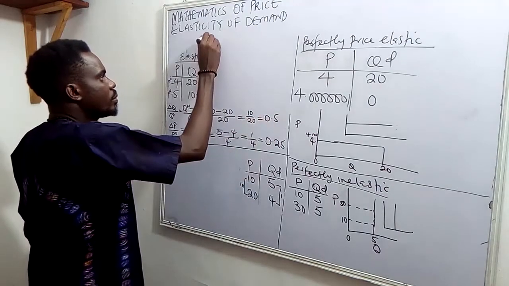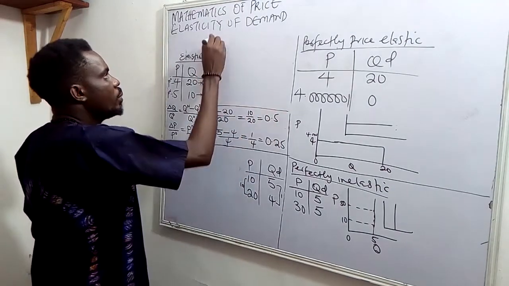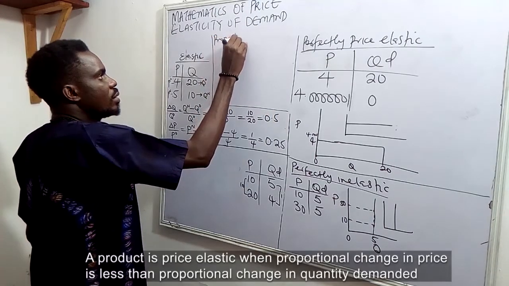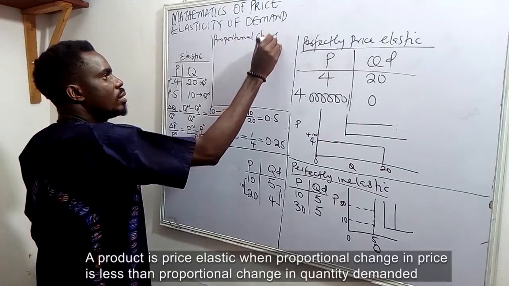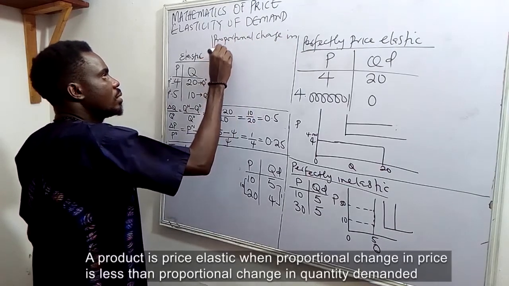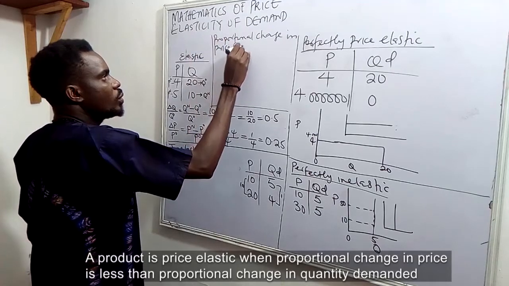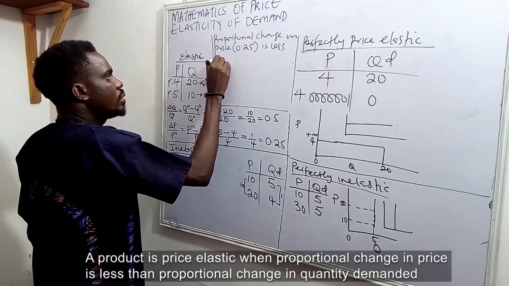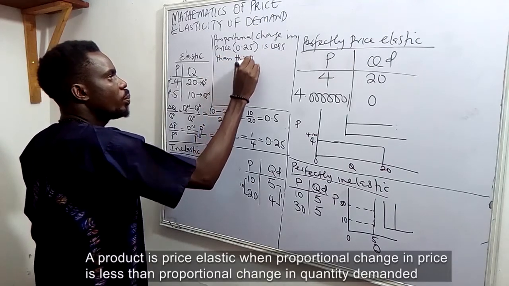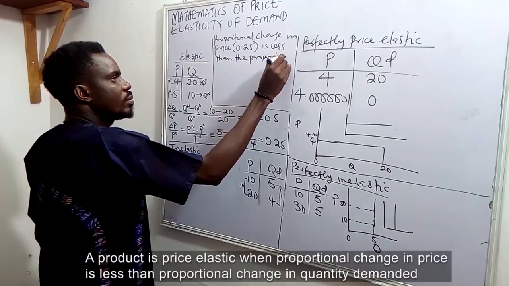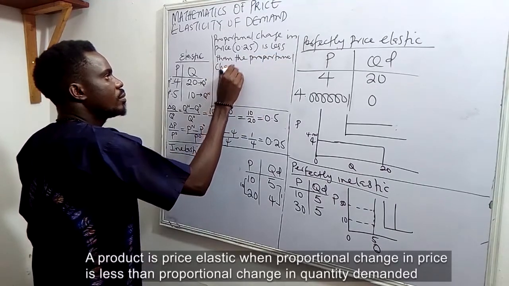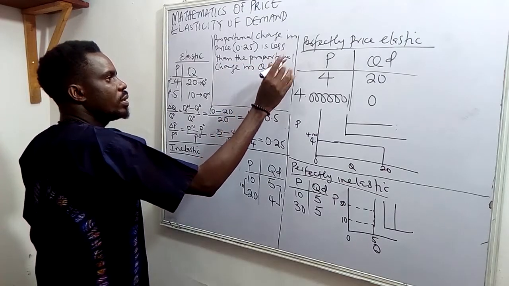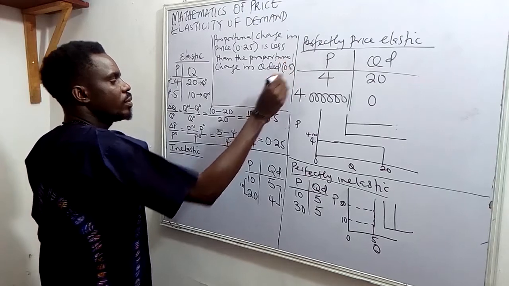From this outcome, it is clear that a product is price elastic when proportional change in price, which is 0.25, is less than the proportional change in quantity demanded, which is 0.5.